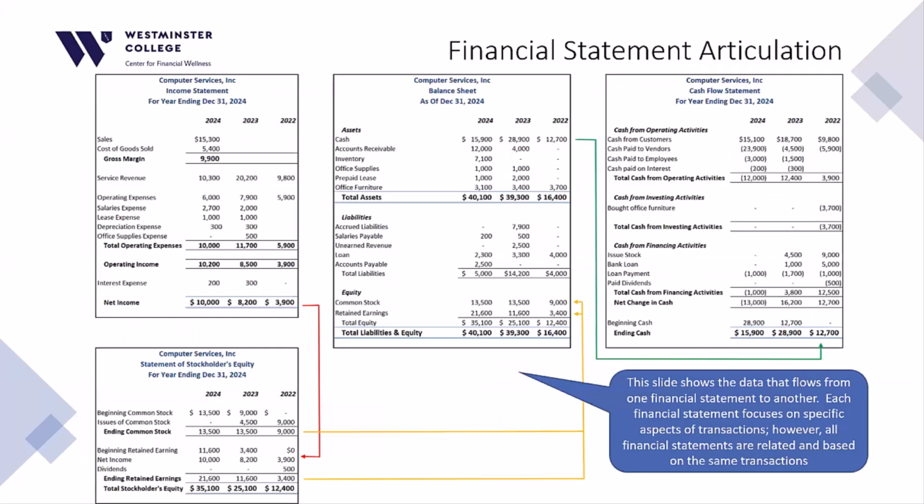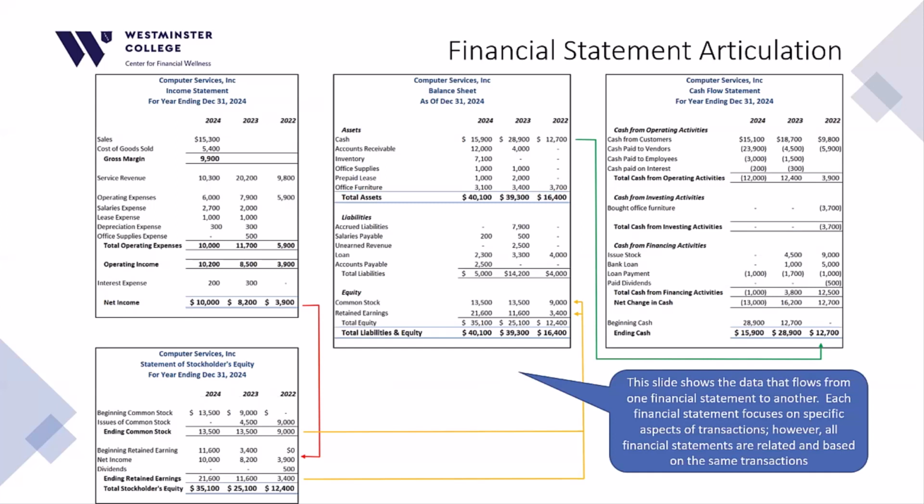This slide provides a visual reminder of how the four financial statements relate to one another. Not only are these financial statements based on the same transactions, but some of the data is actually shared between the financial statements. That's what the little arrows are for.